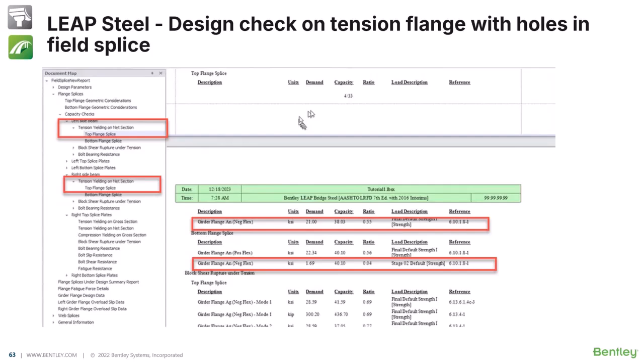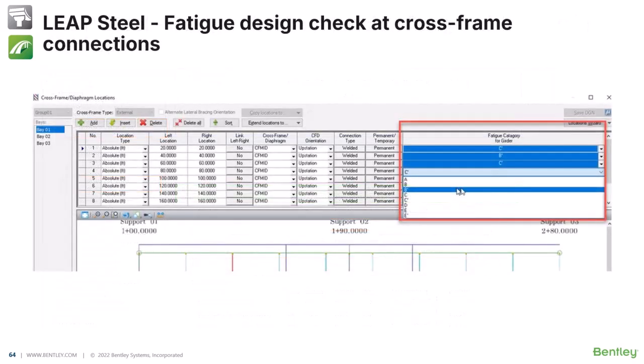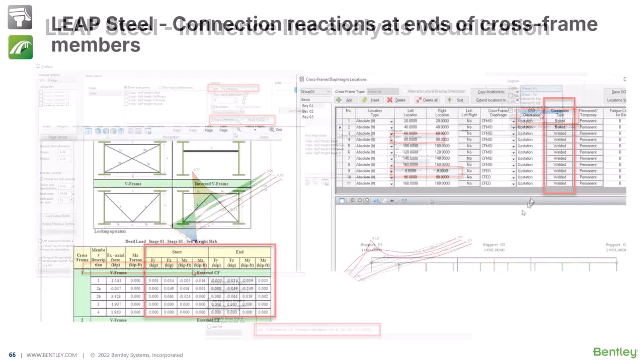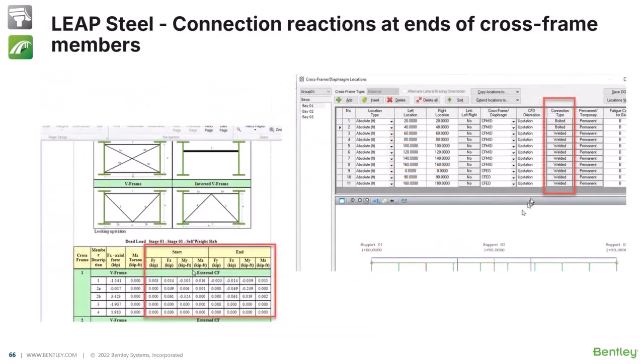Design checks on the tension flange. Fatigue design check at the cross frames. Now we can visualize the influence lines if you need to. Connection reactions at the end of the cross frames. And I think we don't have time for more.